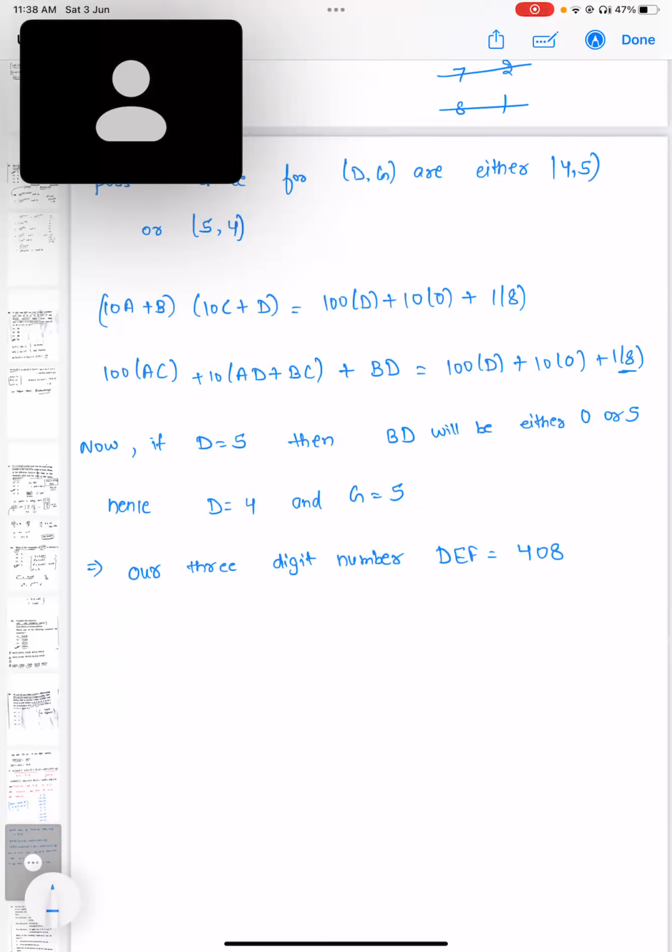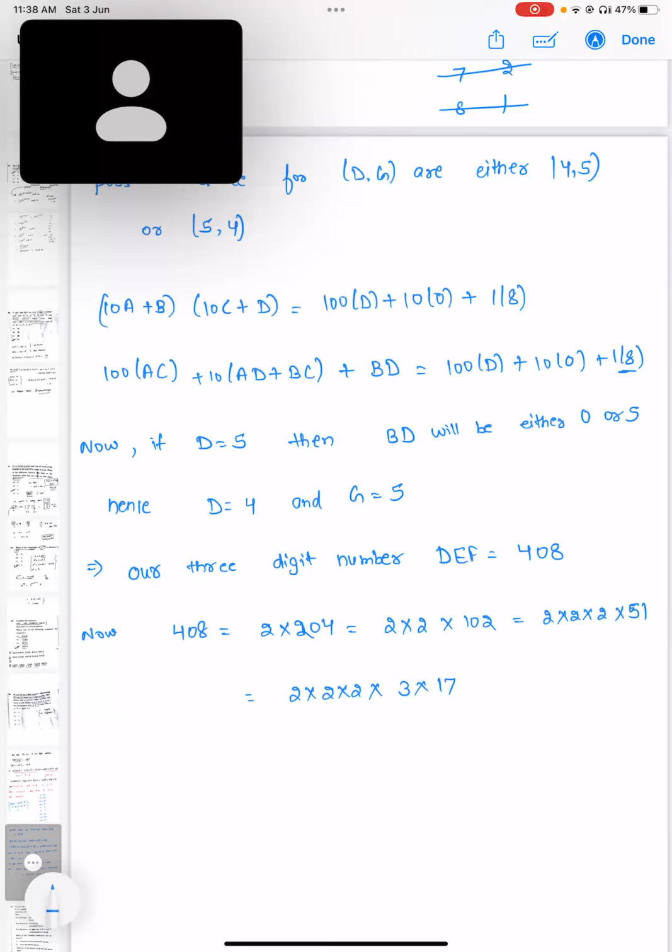Right? Now 408 is equal to 2 into 204, which is equal to 2 into 2 into 102, which is equal to 2 into 2 into 2 into 51, which is equal to 2 into 2 into 2 into 3 into 17.